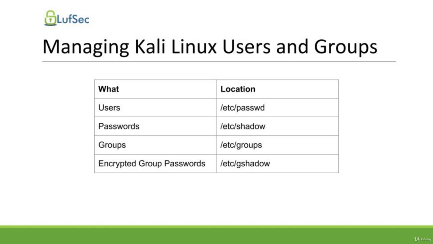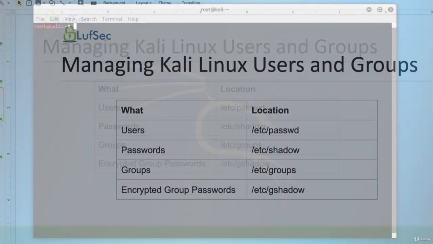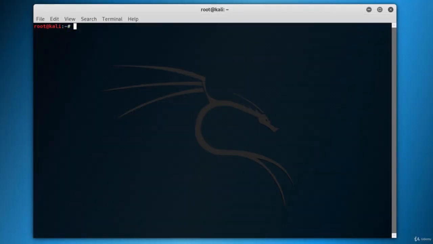The passwords are actually stored in the /etc/shadow file. Group information is stored in /etc/group, and encrypted group passwords are stored in /etc/gshadow.